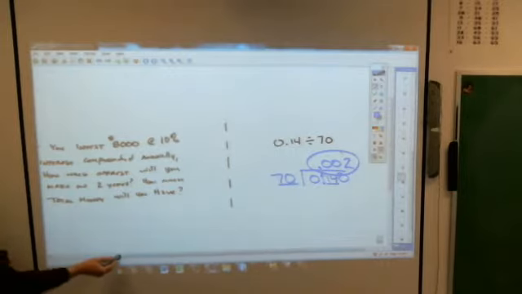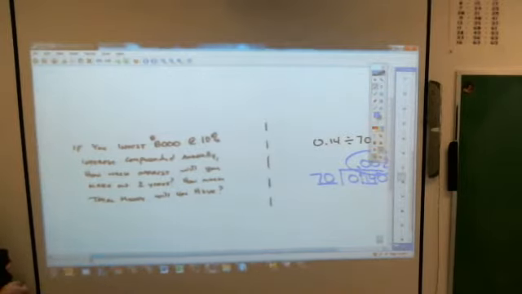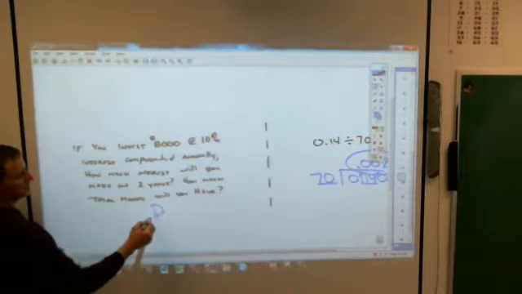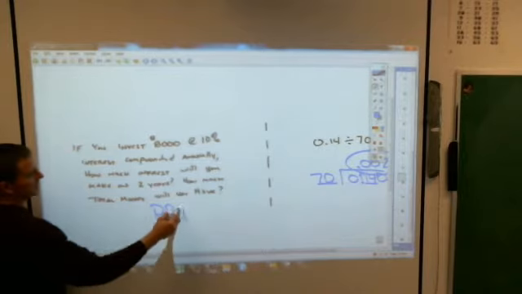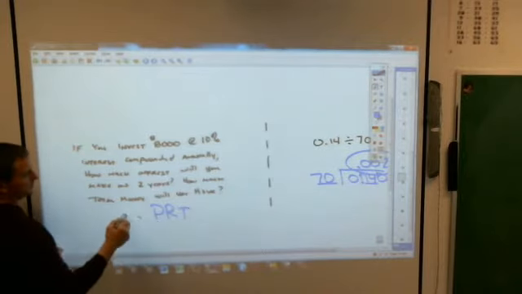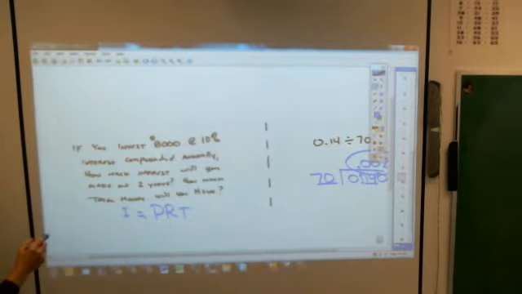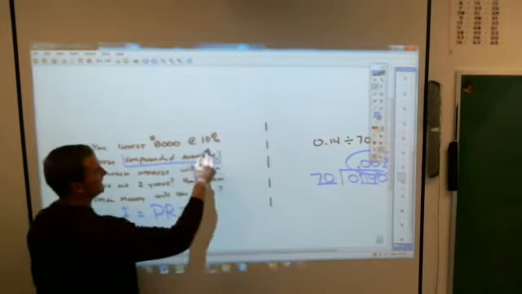I hate to do this one, but you should know. We did interest. Formula for interest is PRT. And T is always 1, so for right now. But the problem with this is it's compounded annually, which means what?